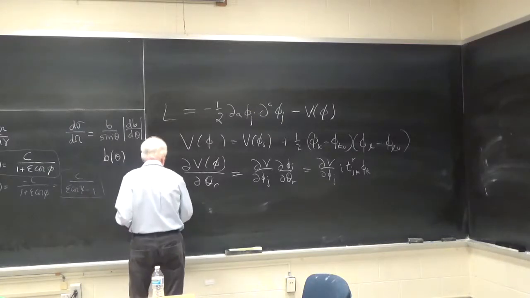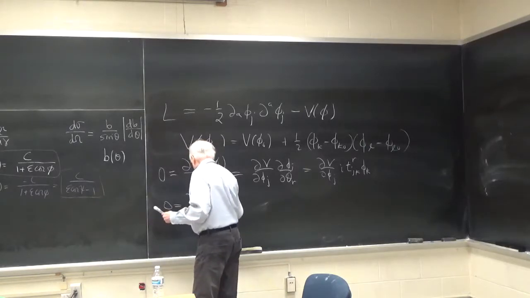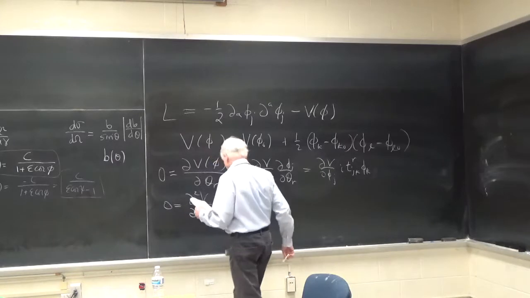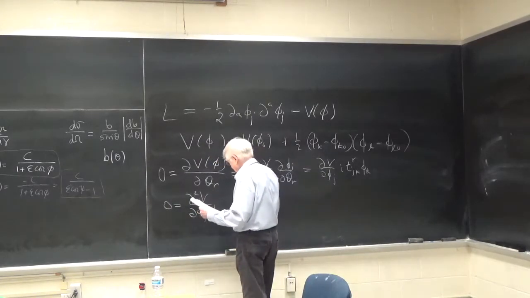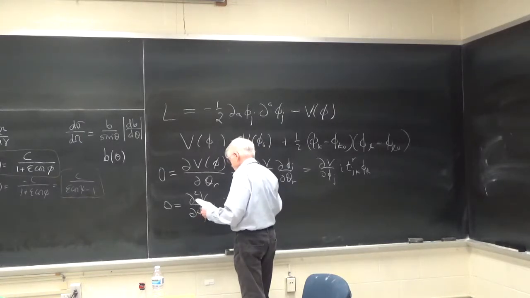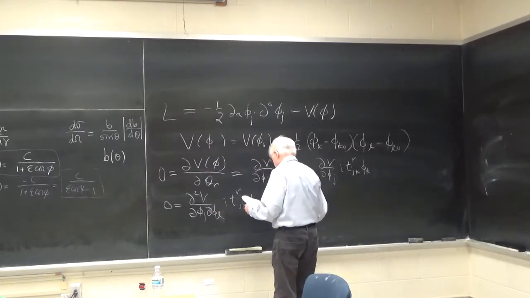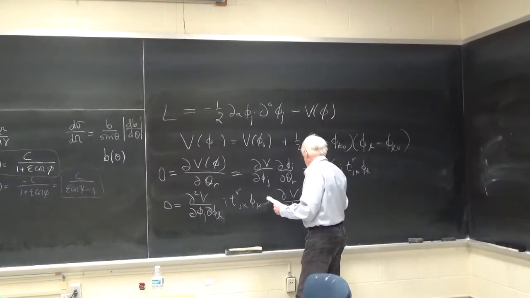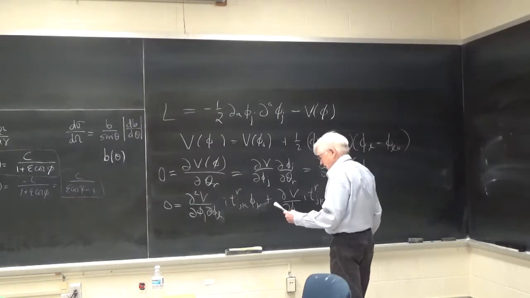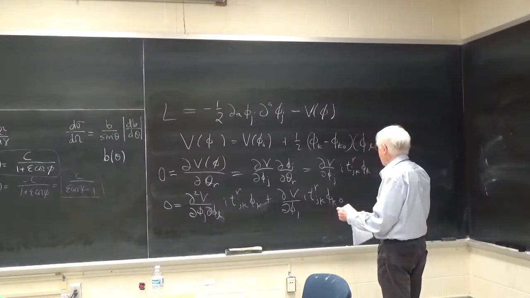If you then take a second derivative at the minimum, what you get is partial squared v, partial phi j partial phi l, of i t r j k phi k, plus partial v partial phi j i t r j k phi l.